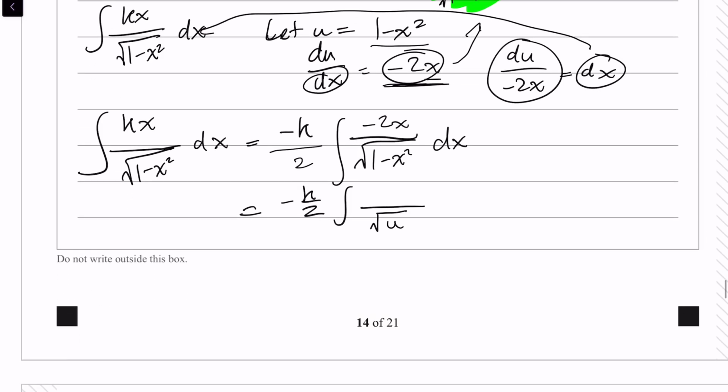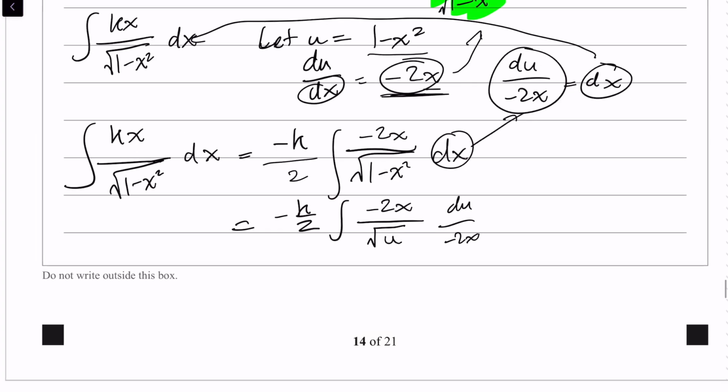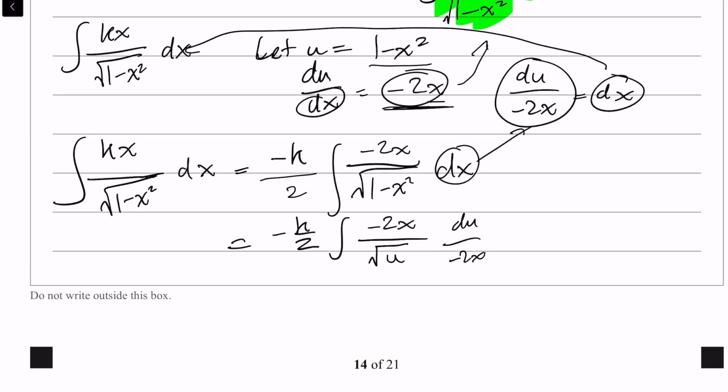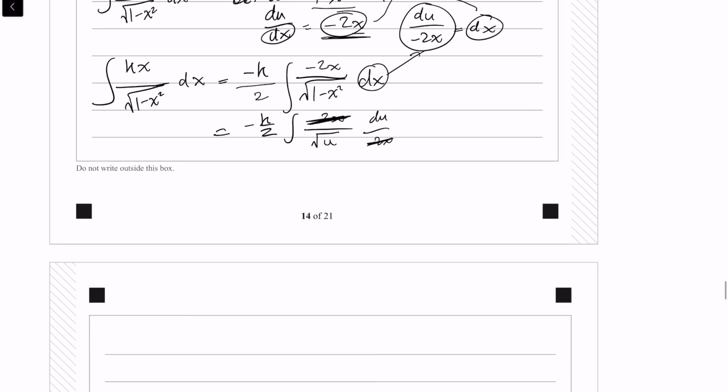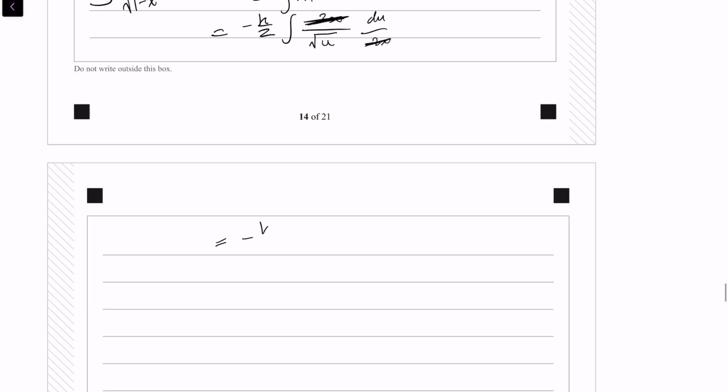And with the negative 2x and my dx being now du over negative 2x, the benefit of making the numerator negative 2x, which was my du/dx, is now I can easily and very beautifully cancel these two out, top and bottom. I'm left with negative k over 2 times the integral of 1 over square root of u du.